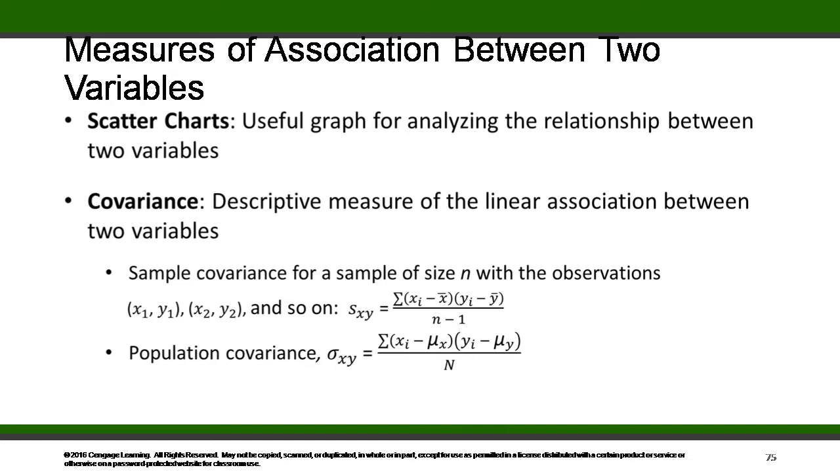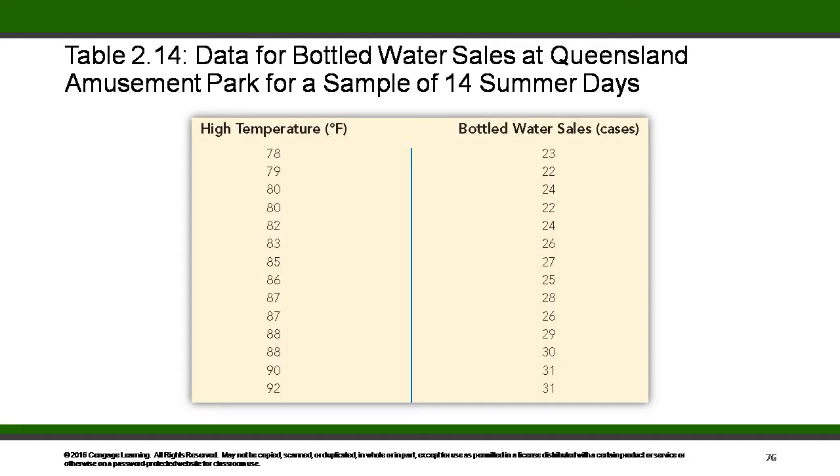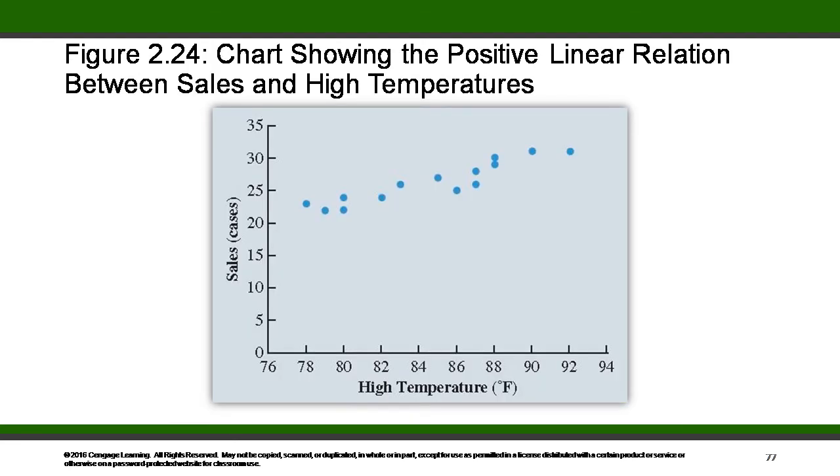Table 2.14 shows the data for bottled water sales at Queensland Amusement Park for a sample of 14 summer days. The scatter chart in the figure suggests that higher daily high temperatures are associated with higher bottled water sales.